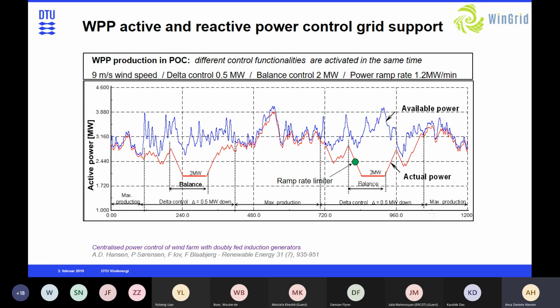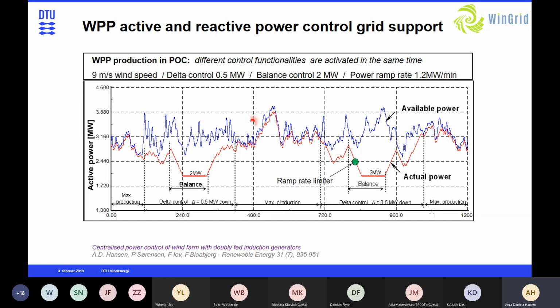What do we have here? It's the active power, and we have 3 signals. We have the available power. This is the blue one, so it shows how much wind power can be produced if there are no actions, no curtailment.